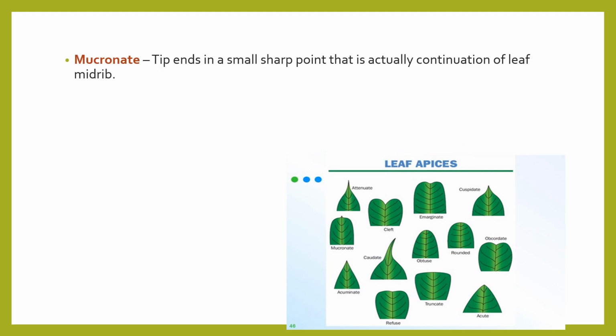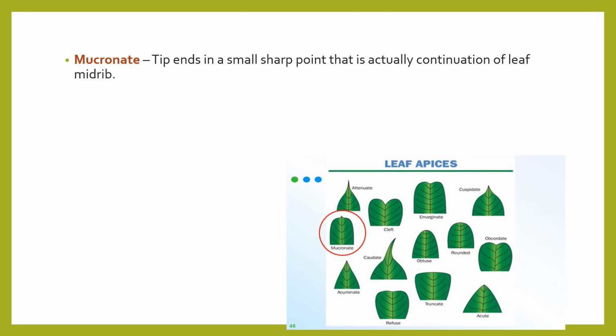We also have mucronate. In mucronate, the tip ends in a small sharp point that is actually a continuation of the leaf midrib, like this one. The apex end has a small sharp point. It's actually a continuation of the midrib.